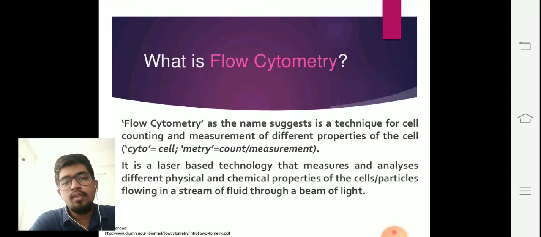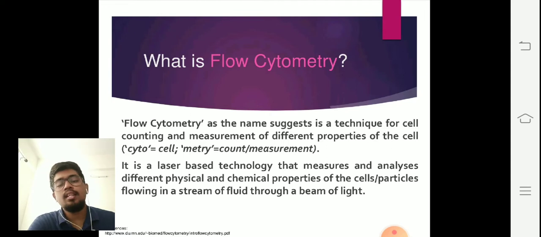There is a beam of light acting, and the cells are flowing in a stream of fluid through this beam of light, causing scattering. It could be side scattering or forward scattering. There are two types, and here we are analyzing different physical and chemical properties due to the flow of these cell particles in a stream of fluid.